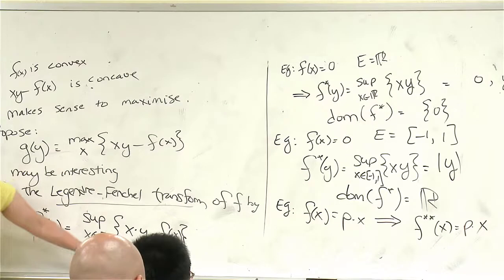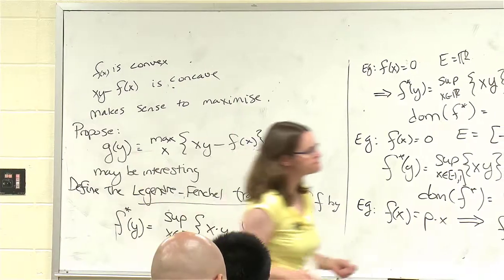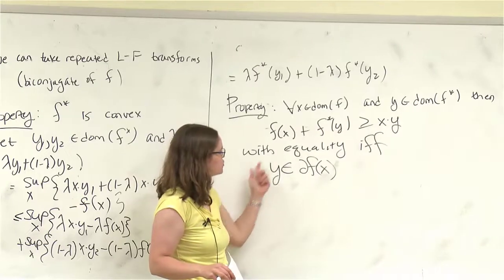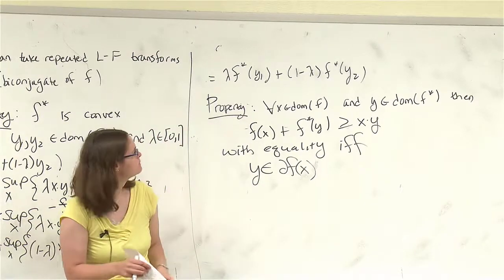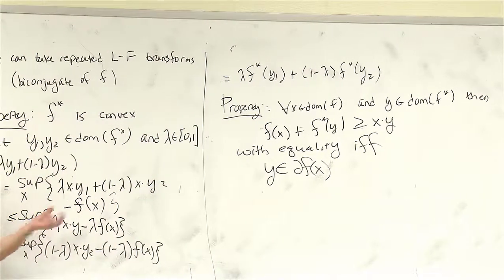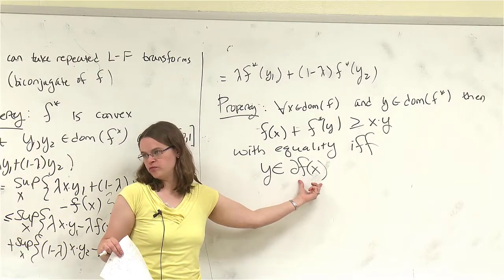We expected that y should be equal to f prime of x. That would give us the maximum. But now we're saying we can generalize this a little bit, and this works for y belonging to the subgradient of f. This is a set valued thing, so there could be more than one value of y that makes this true.